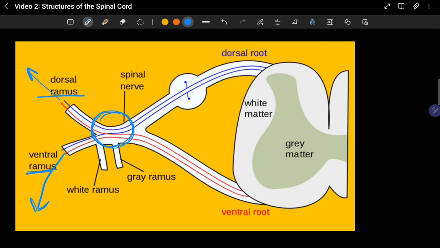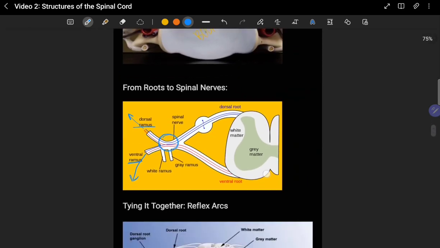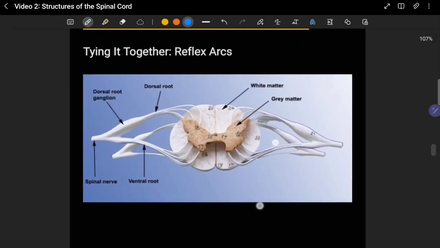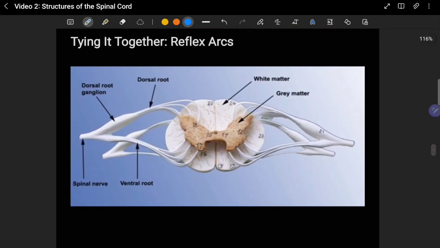And then we're going to tie all of this information together with just a little conversation about reflex arcs. So a reflex arc is automatic. We don't consciously control our reflexes. It's an automatic response to a stimulus without conscious thought or conscious control. And oftentimes, these things are really fast.